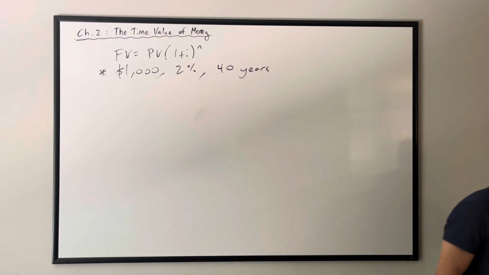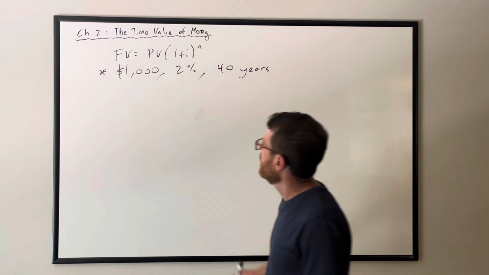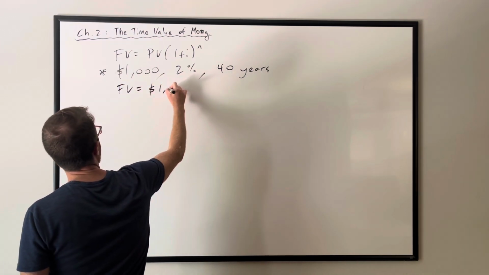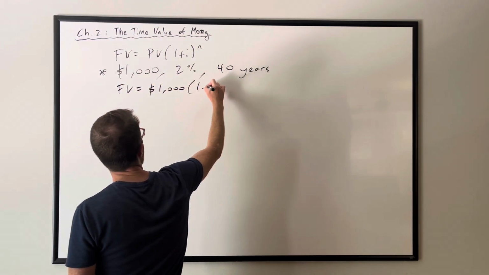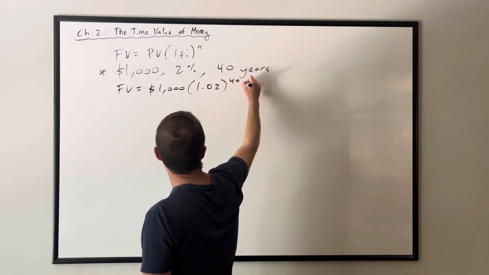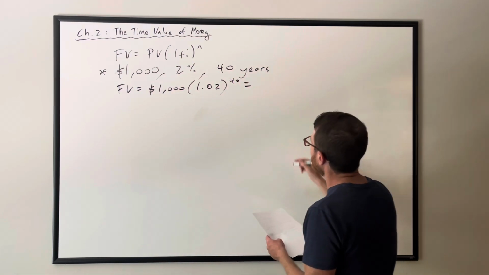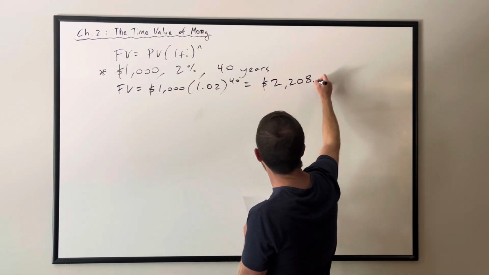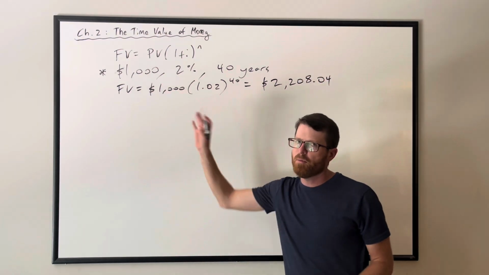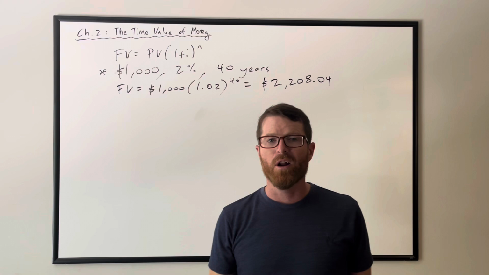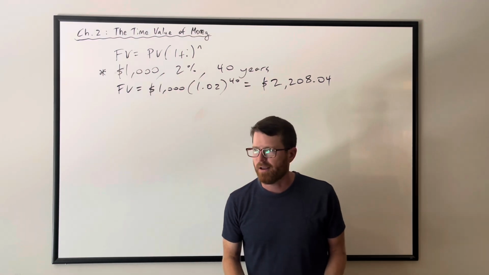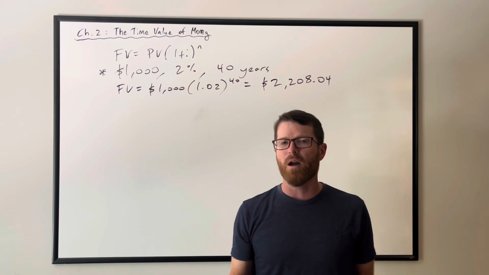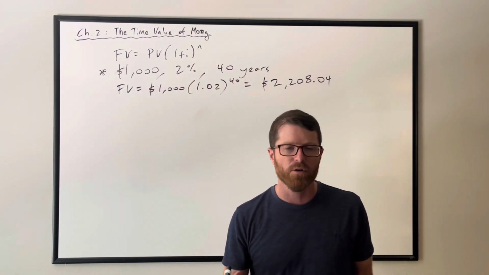And so if I plug in the variables using that formula that we just had, I would find that over 40 years, I could grow that $1,000 to $2,208.04. And you should be able to do this calculation by whatever means you want. Calculator, Excel, whatever. There's even places you can do this online where you just throw in the values and it just spits it out for you. Shouldn't be hard to do.